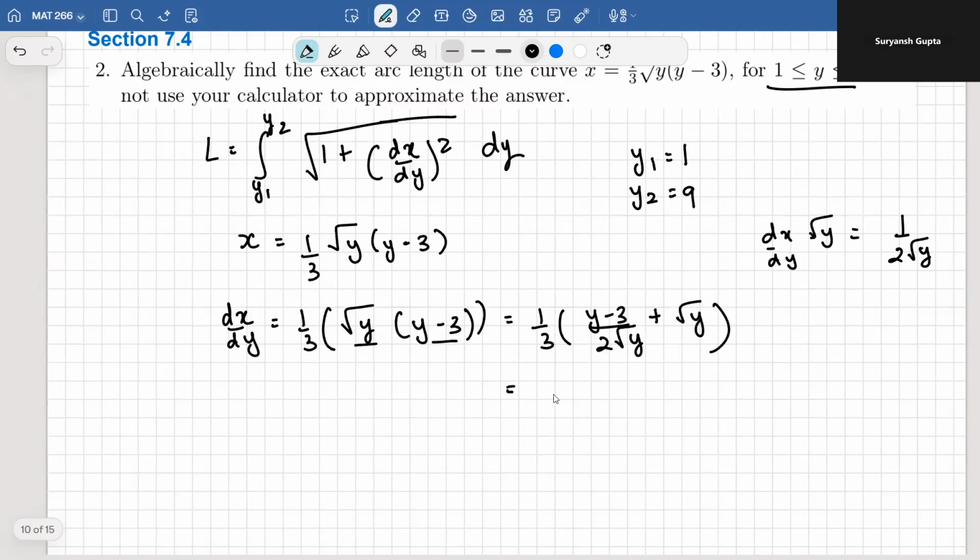Now I can simplify this by taking a common denominator. So I have y minus 3 plus root y times 2 root y, all over 2 root y. Let me just rewrite that.